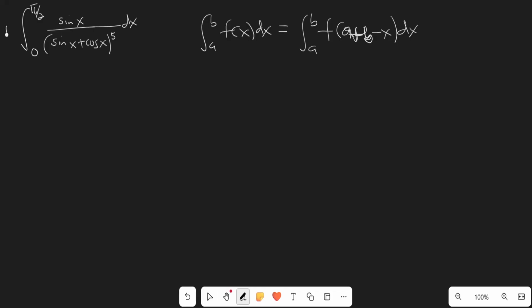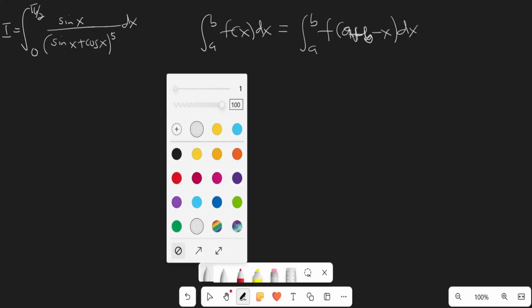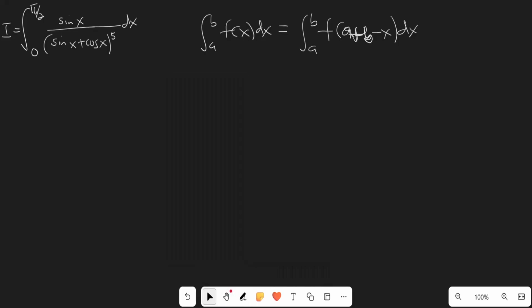So we can call our original integral I. And let's use the King's property to transform our integral. So from the King's property, our integral I can also be written as the integral from 0 to pi over 2 of sine of, wherever you see x, you are going to plug in pi over 2 minus x, because a plus b here is equal to 0 plus pi over 2, which is pi over 2.